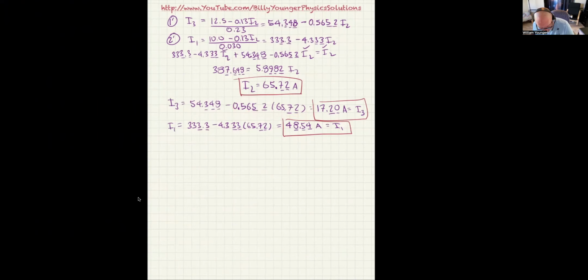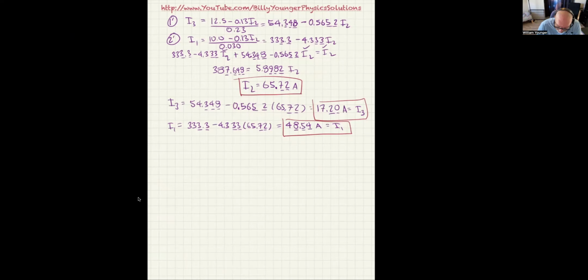It's 0.5652 times 65.72. That's 2 sig figs times 2 sig figs, which gave me 37.141449. But since it's only good to 2 sig figs, the fact that the number was 37.14 tells us it's only good to the ones place.